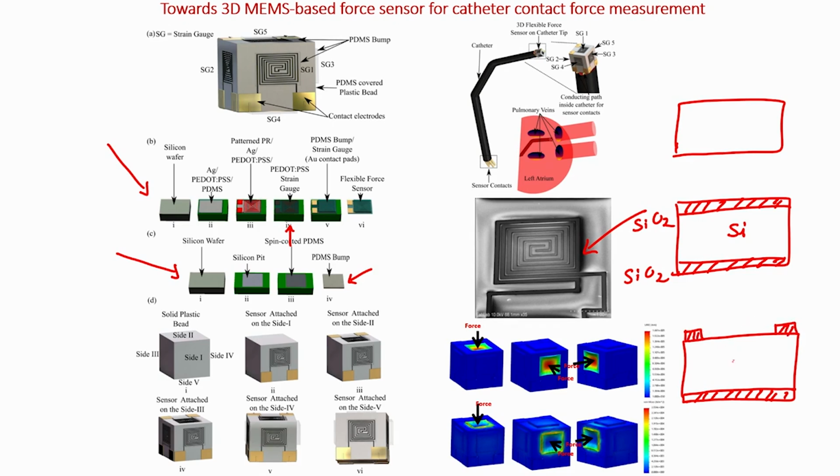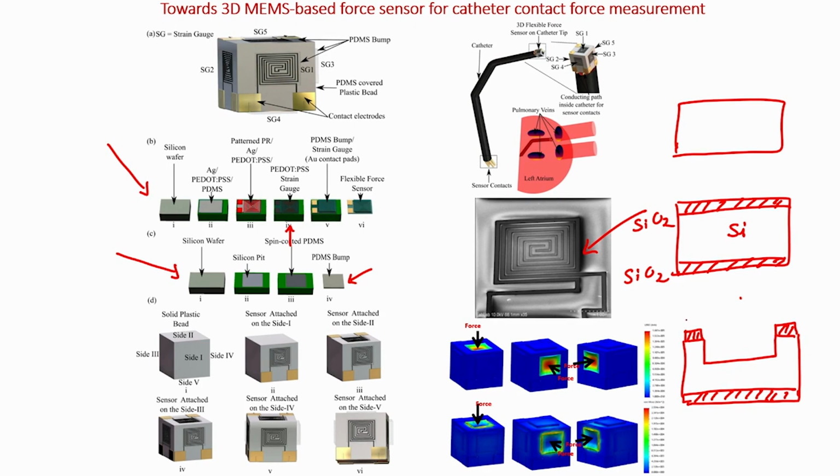You can remove silicon dioxide using BHF, then you etch silicon. If you etch silicon, what will happen? Silicon will get etched like this. Okay. This is what creates a pit.